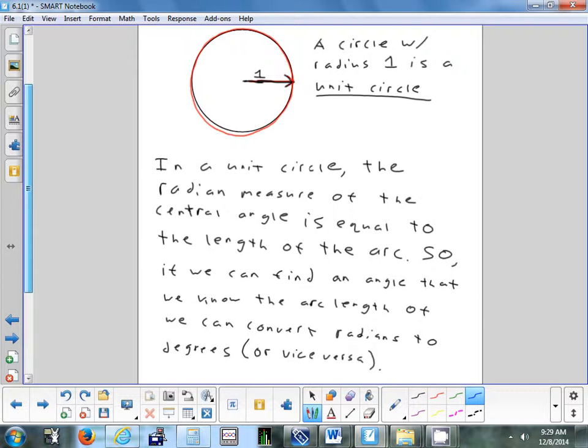What's the formula for the circumference of a circle? Remember that? Sometimes you can write it with either a radius or you can use diameter. I think radius here would be easier because that's what we know. Yep, 2 pi r.